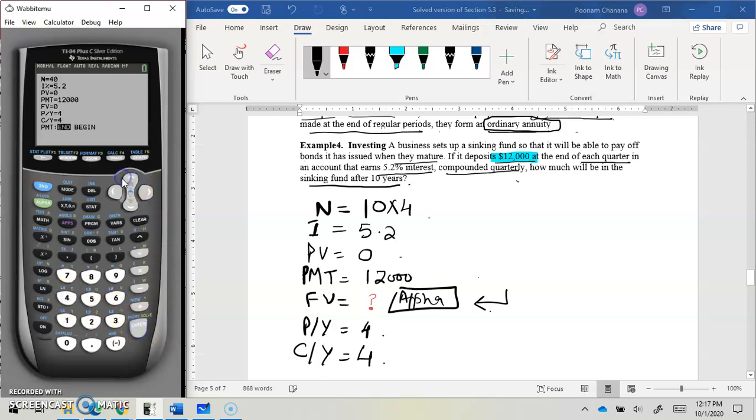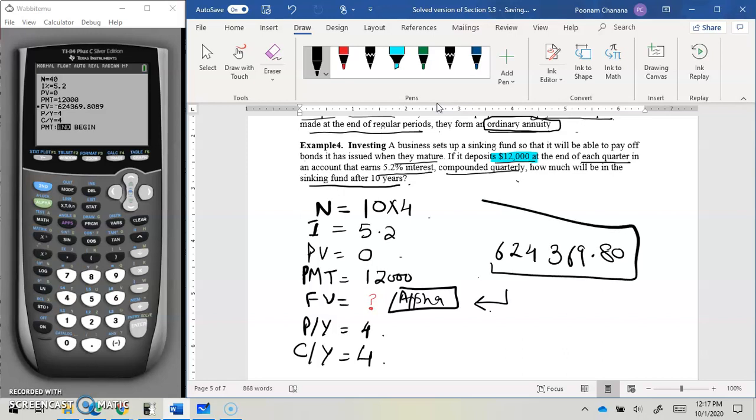Go back to the future value, press alpha and enter. You will have this amount. That means after 10 years of those payments, the amount in the account is $624,369.80. That would be the answer to your problem.